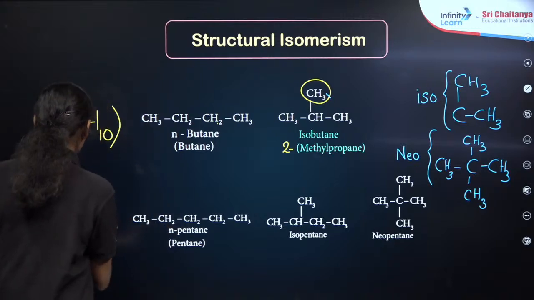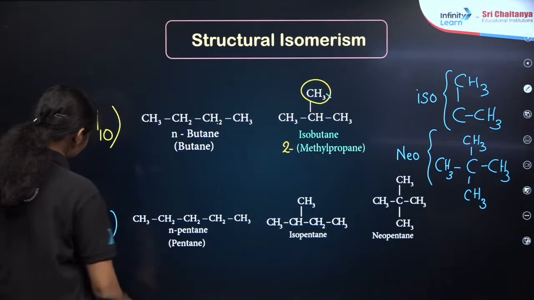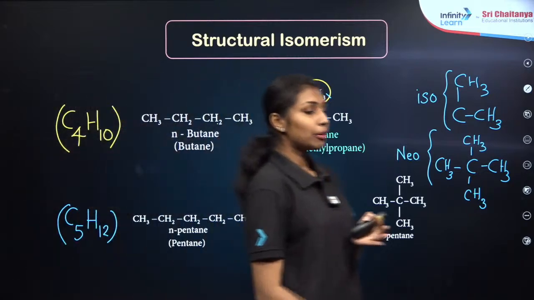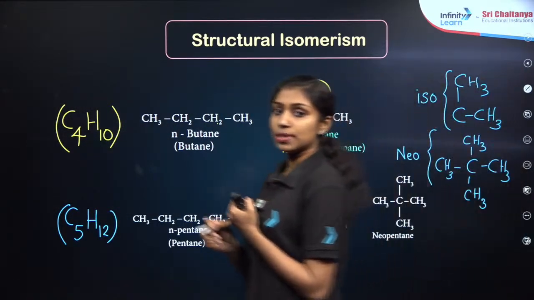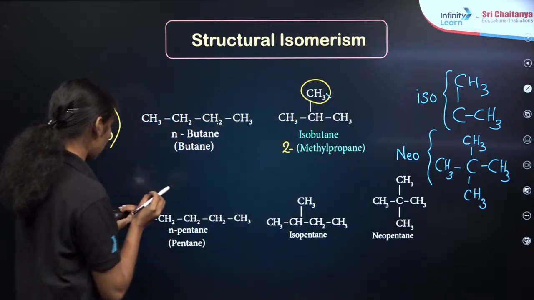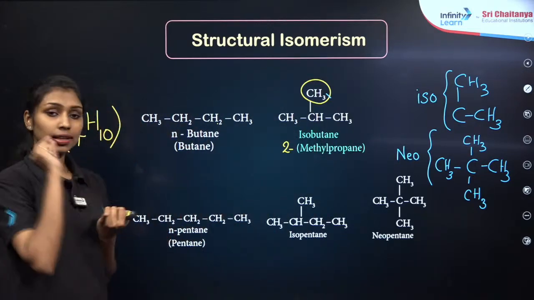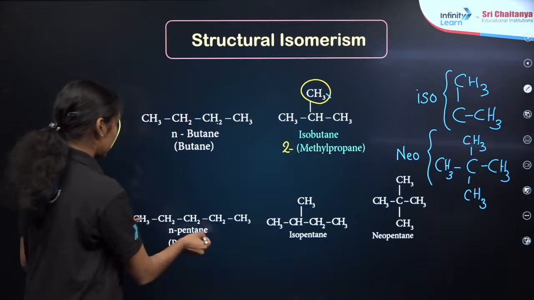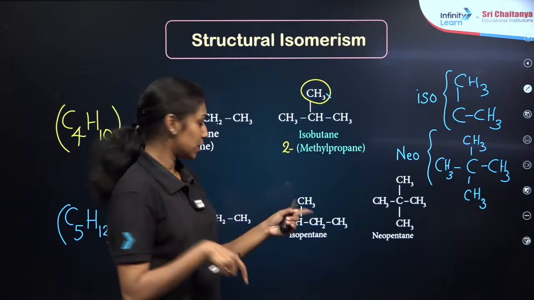Then, if I am taking the next one, C5H12, pentane. What will be the isomers? First, I need to draw the straight chain compound, right? CH3, CH2, CH2, CH2, CH3, which is normal pentane, represented as n-pentane. Then, for variety, I change the position of the methyl group.